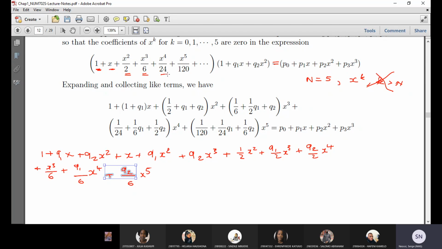Now I come here, and this is where you have to be careful, because if I multiply throughout, you see that the highest will be x to the 6, but I don't need x to the 6. I don't need that one, because I say that x to the k, where k is greater than 5, should not appear.